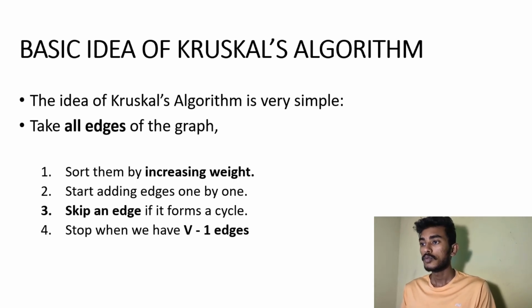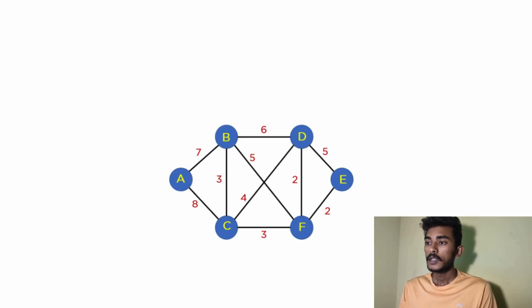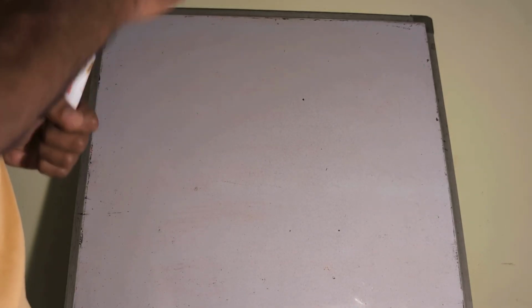So now I'm going to move on to how Kruskal's algorithm actually works using this graph. I'm going to show you how to find the minimum spanning tree, MST, using a weighted graph. First of all, I am using a simple weighted edge graph.